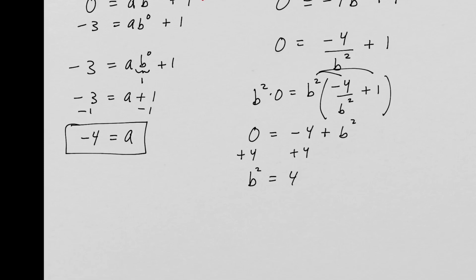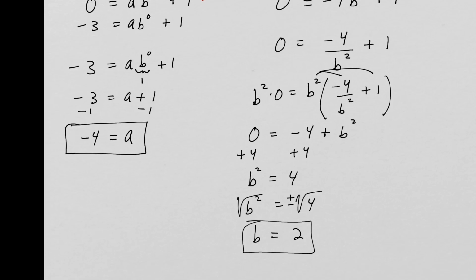And then how do I get b? I need to take the square root of both sides. And you have to remember it could be positive or negative. However, remember we said earlier that b we had to make sure was always positive. So what is b going to be in this case? It'll be 2. Now we're done. Once we have a, b, and c, we're done, right?